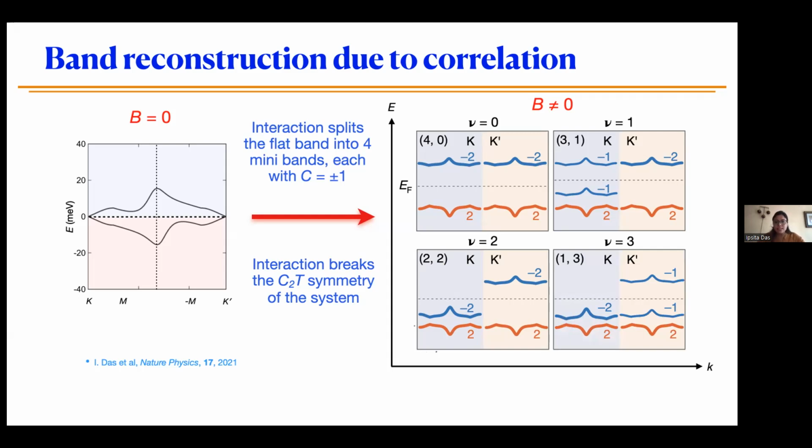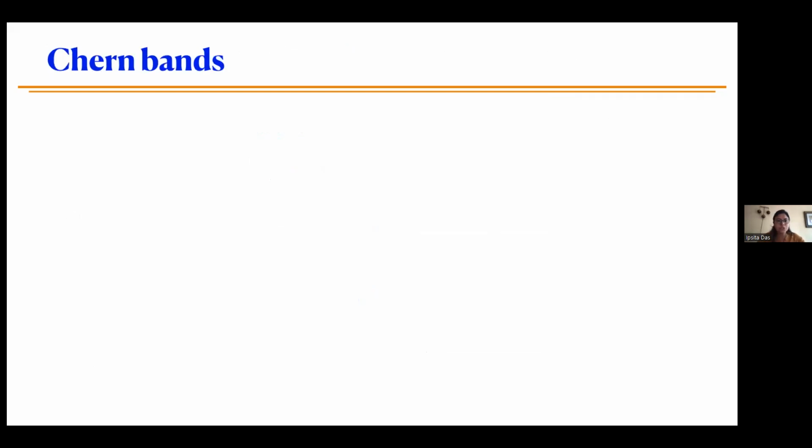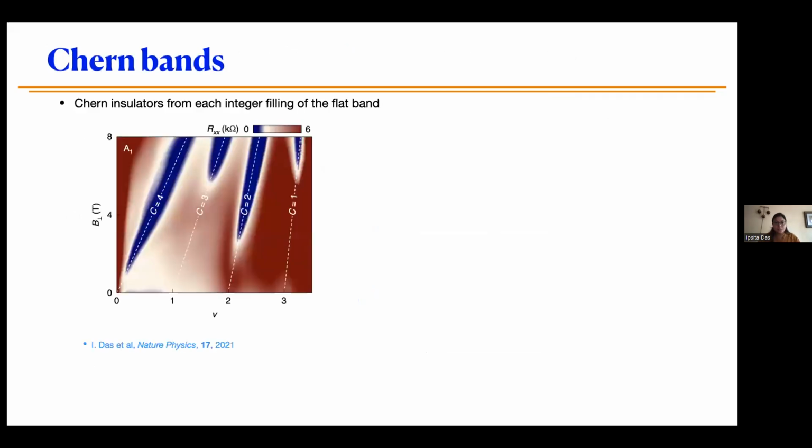But in reality, we see that as we keep on filling the flat band, the interaction basically breaks the band, splits the band into different mini bands. Each of these bands has a different Chern number, right? Which is not expected from the single particle band structure calculation. So in the experimental data, we observed that.